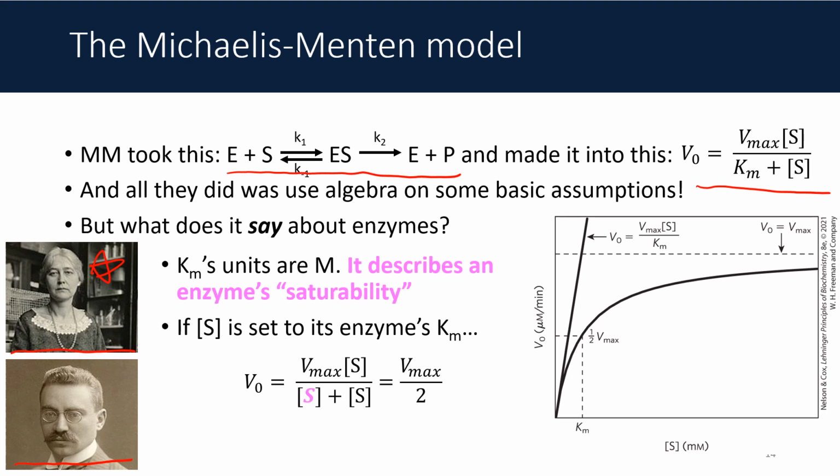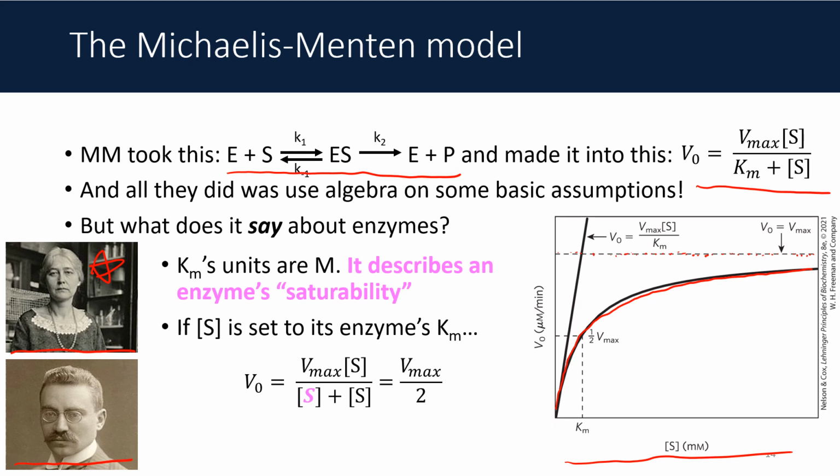Anyway, the Michaelis-Menten curve, shown over here, will describe a lot about an enzyme's activity and its personality, if you will. I've mentioned this before, but take note of how this curve tapers off at extreme values of substrate. It asymptotically approaches this dotted line, which is Vmax, the theoretical maximum velocity of the enzyme.